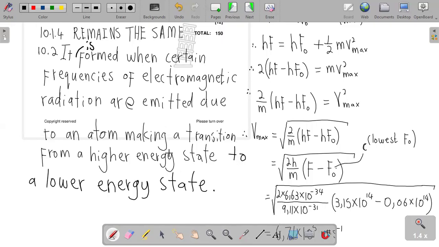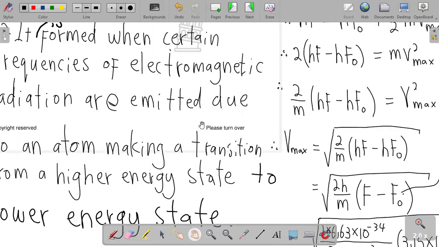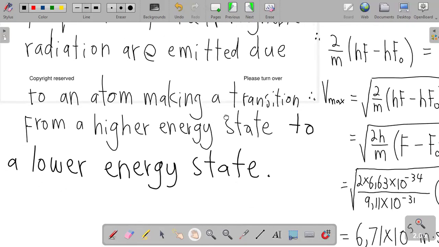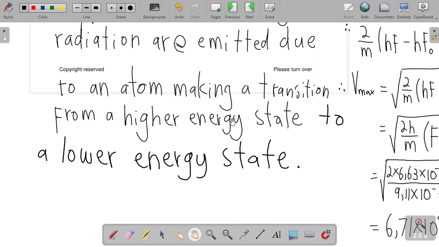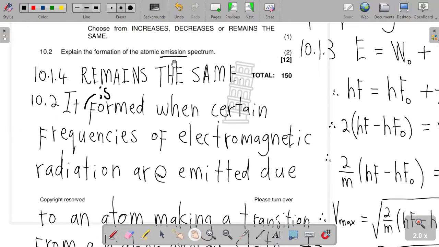In this case, we were asked about emission. If they asked about absorption, it would be the opposite, so we would say from a lower energy state to a higher energy state.